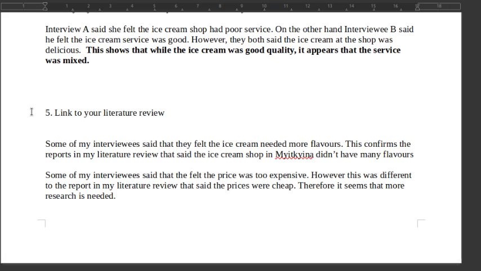Put them back into your research report and then write about how your interviews tackled those topics. If you're struggling with your research report, just look back to your literature review. What are the topics there? And just put the same topics in your research report. That's one way that you can start to write your research report.